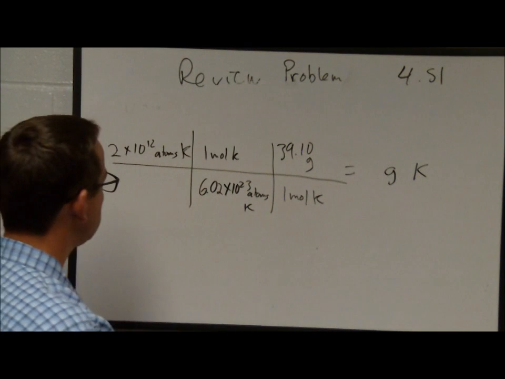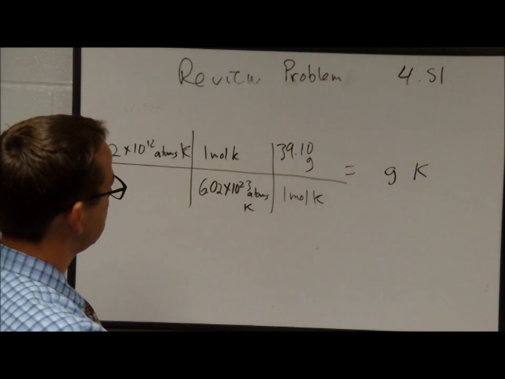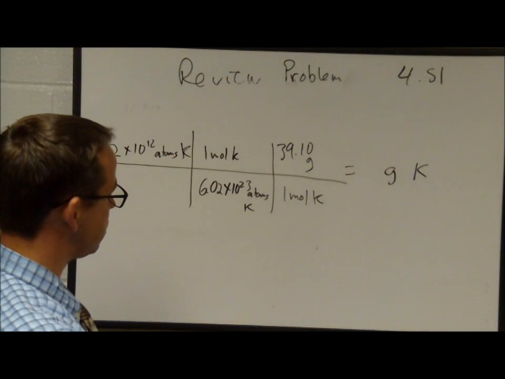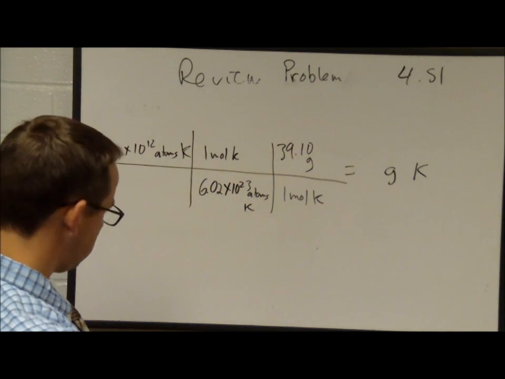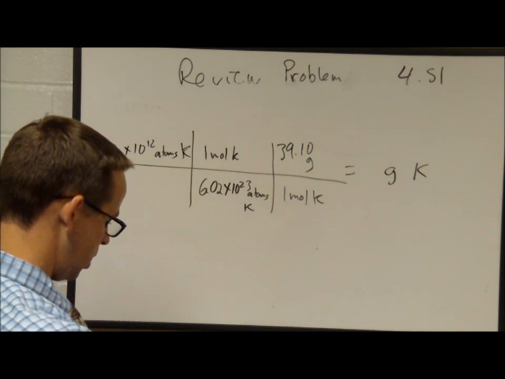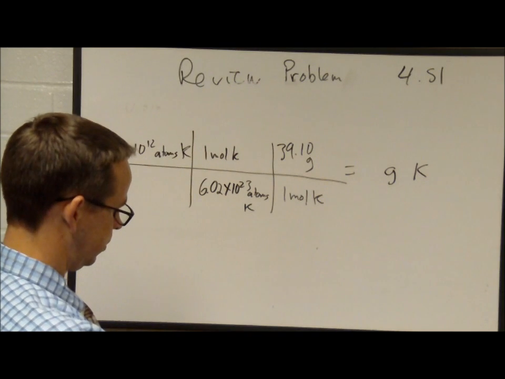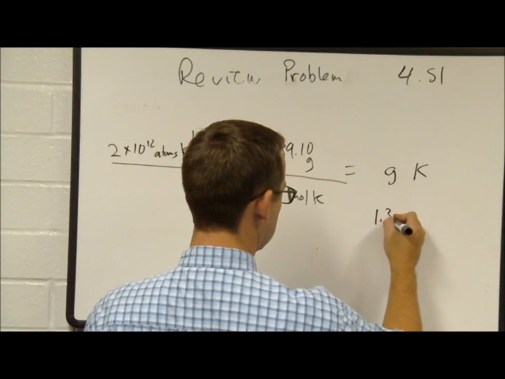So if I take 2 times 10 to the 12th and divide by 6.02 times 10 to the 23rd, that will put me in moles of potassium, multiplied by 39.10. That will tell me the mass in grams. 2 times 10 to the 12th divided by 6.02 times 10 to the 23rd times 39.10 gives 1.3 times 10 to the minus 10.